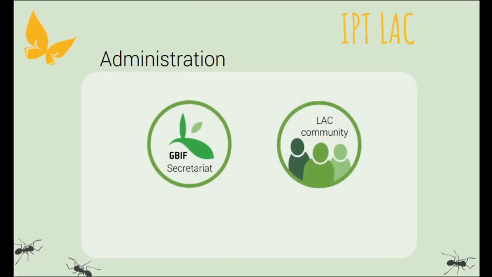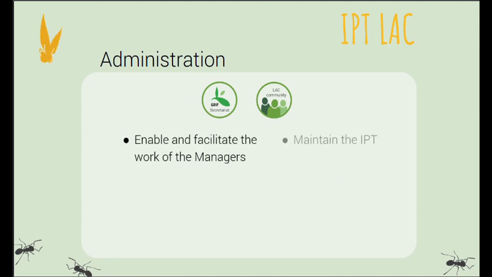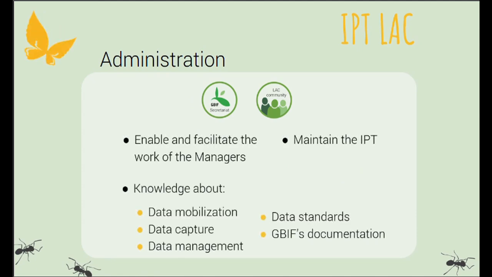As we mentioned earlier, an administrator is a supermanager whose role is to enable and facilitate the work of the managers across the community and to maintain the IPT installation. Anyone who wishes to help the LAC community may propose her or himself as an administrator of the IPT LAC.